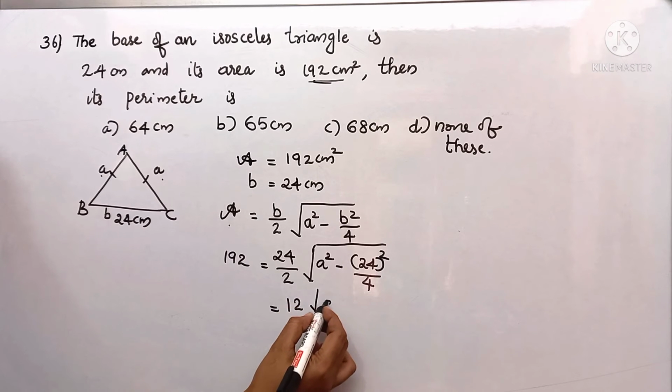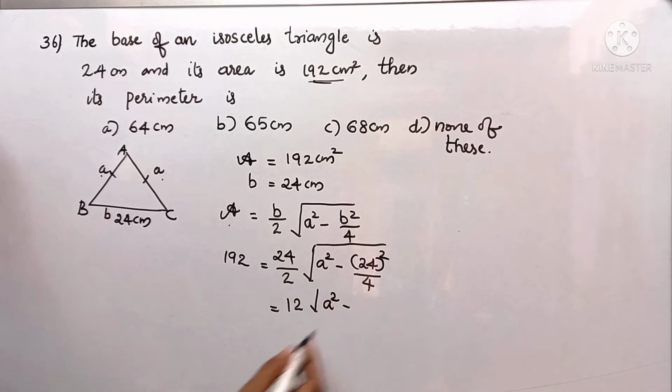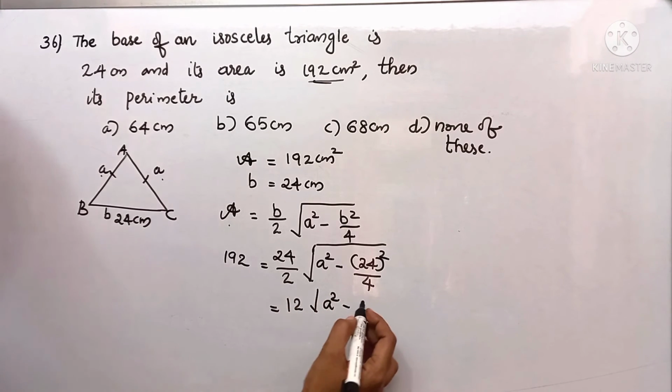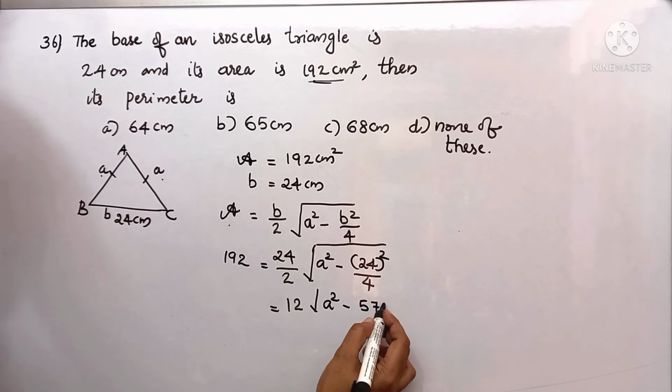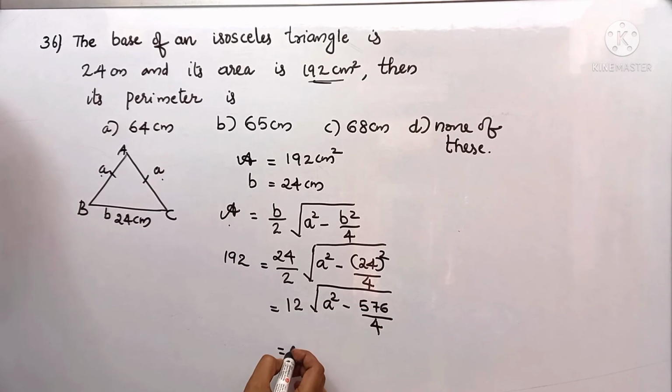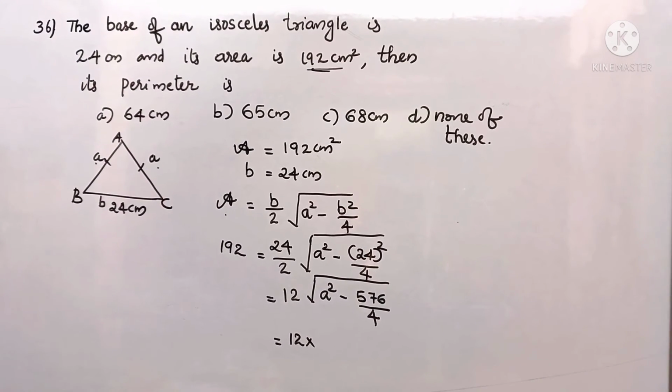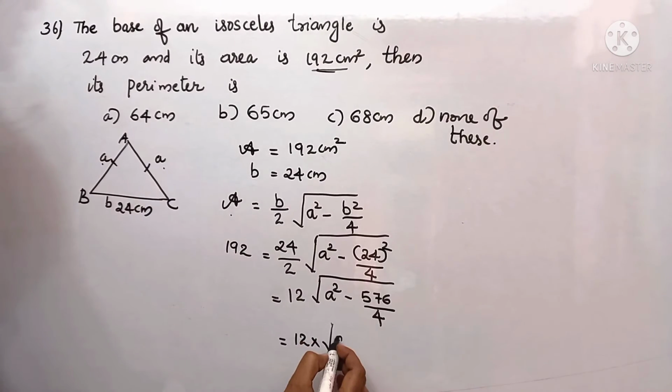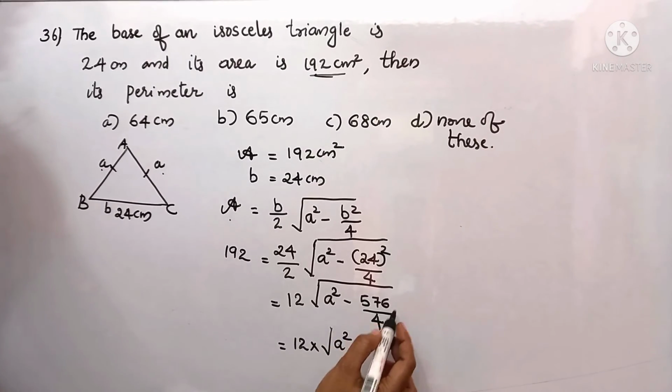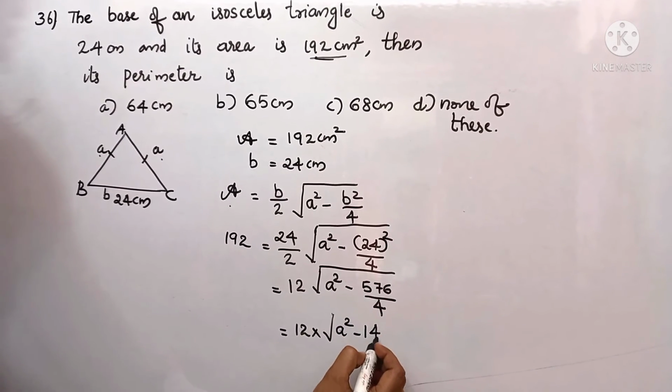Then square root of a square minus, we know 24 square is 576, or multiply 24 into 24. 576 divided by 4 is 144. So it is 12 into square root of a square minus 144.